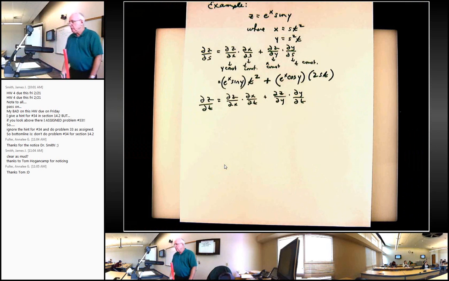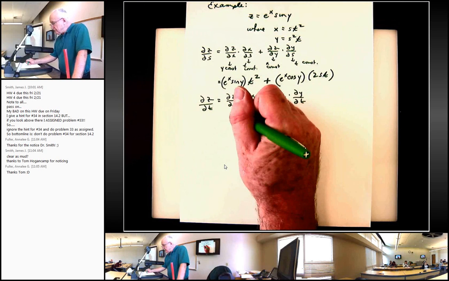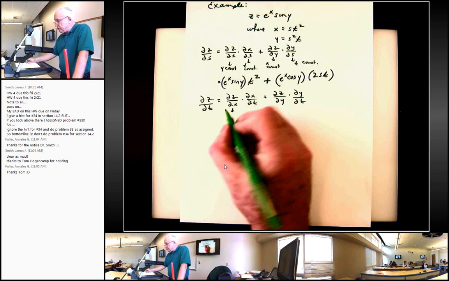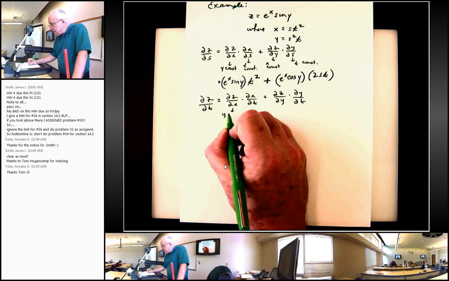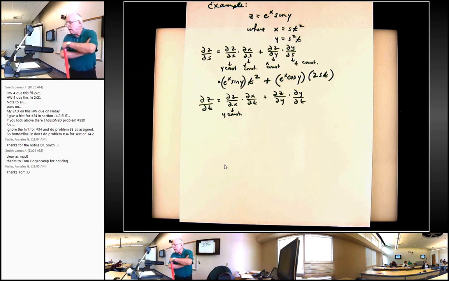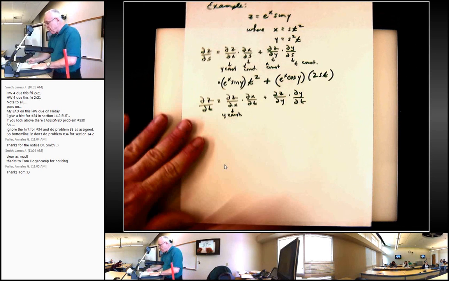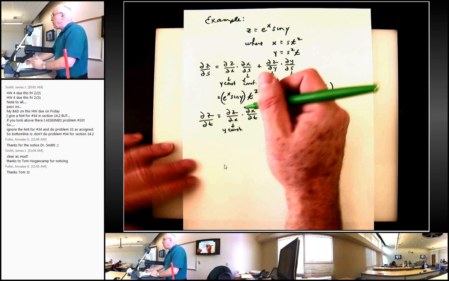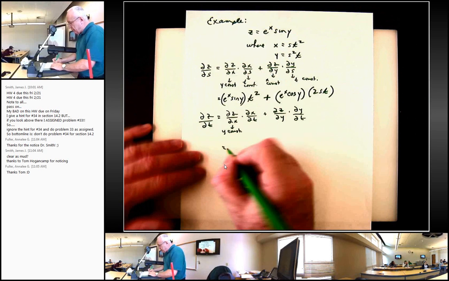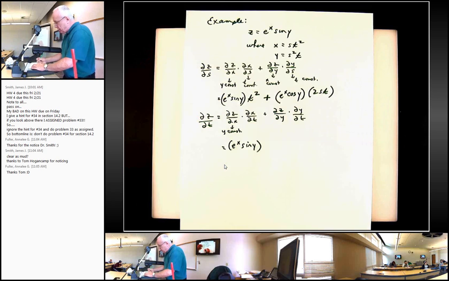Okay. So now it's just a matter of different variables being kept constant. With ∂z/∂x here, we're going to treat y as constant. If we did the first part correctly, we can just copy some things down, and we got e to the x sine y for that one.